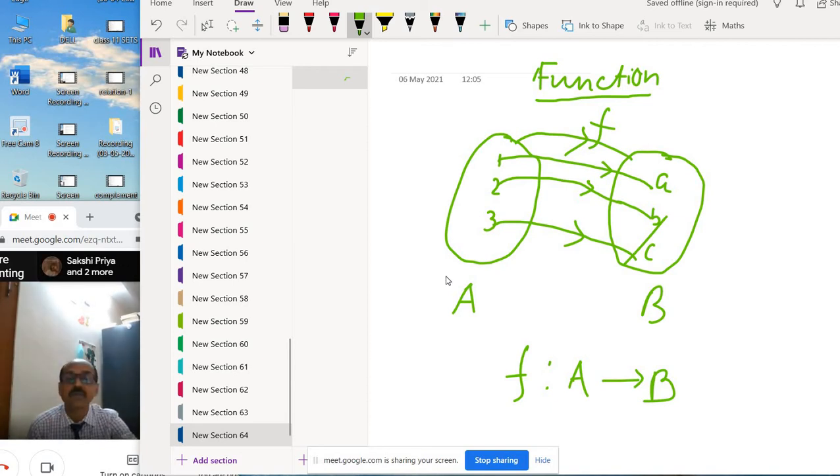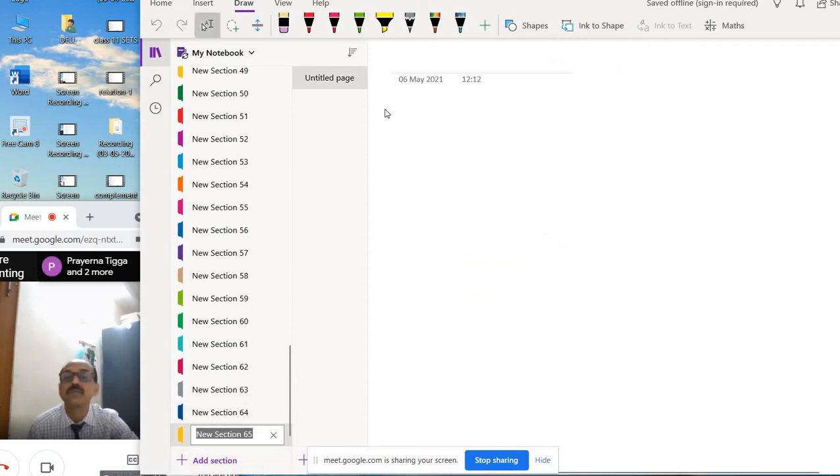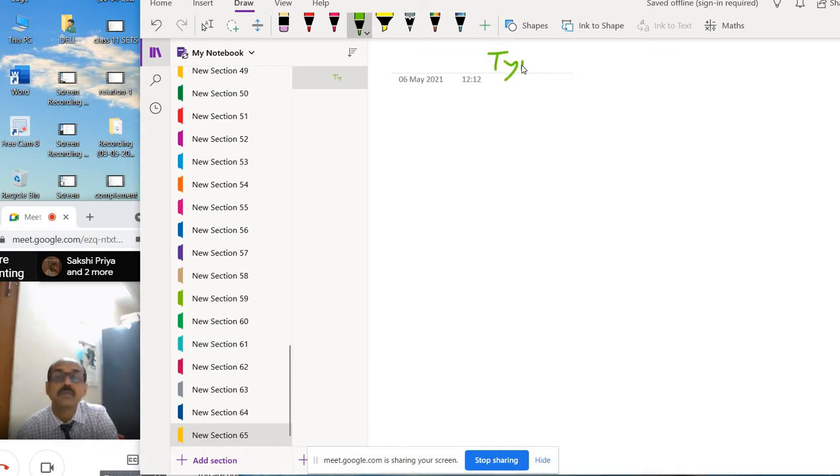Now types of functions. Types of function.